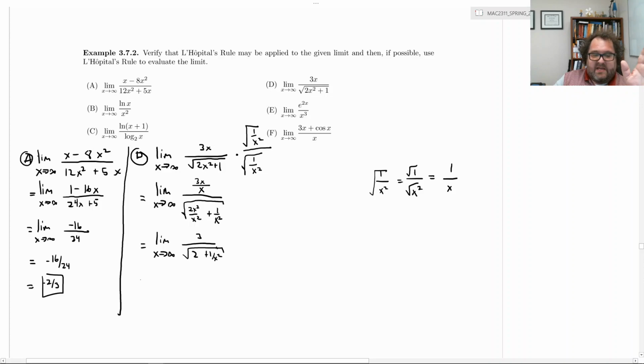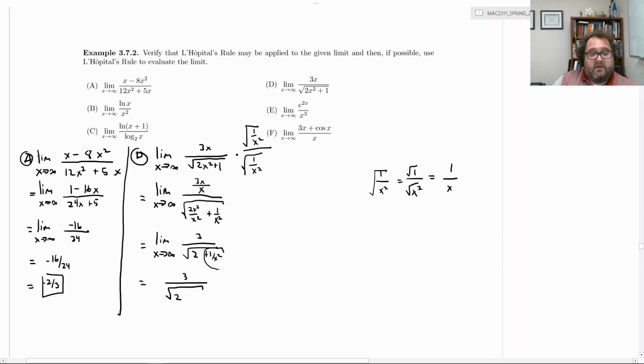Again, technically at this step, we're actually using several limit properties. We're taking the limit of the numerator and denominator individually. Then we're using the composition rule so we can take the limit underneath the square root. And then we're using the sum and difference rule to take the limit of those two terms individually. Once we do that, we notice that the limit of the constant is 2.